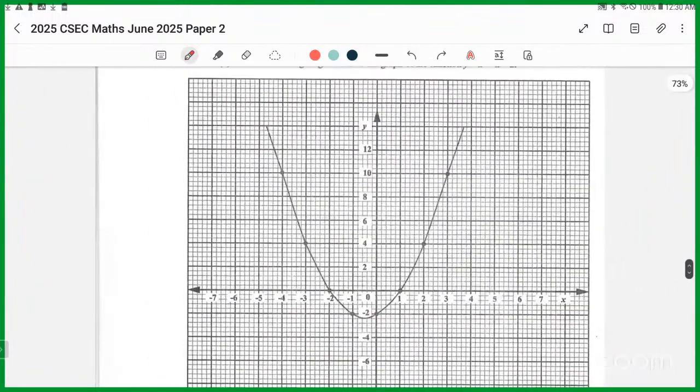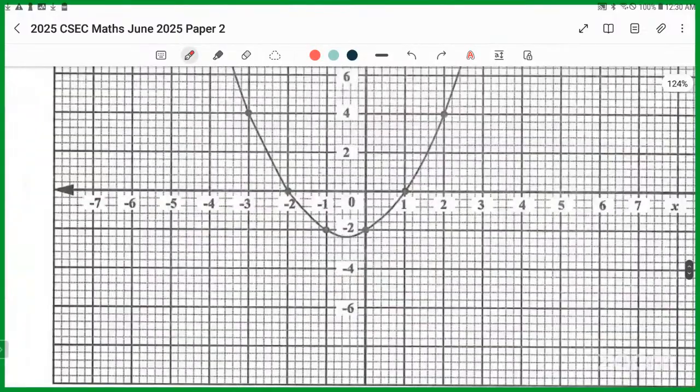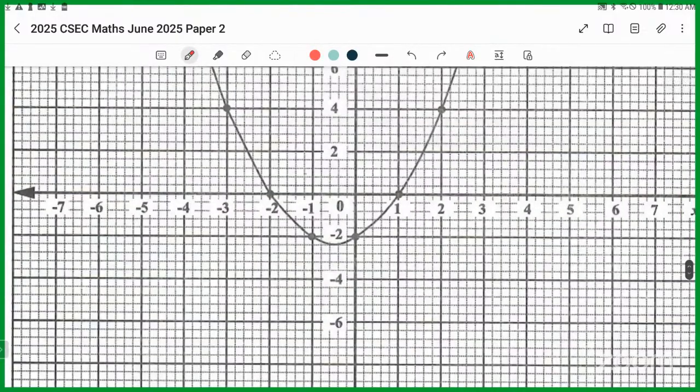All right, in terms of this, it is 1 divided by 5 lines horizontally. So that's 0.2, right? So 0.2, 0.4, 0.6, 0.8, 1. And this is now 2 units here.